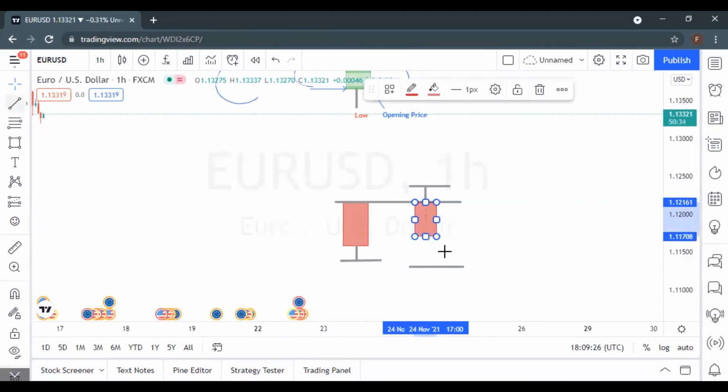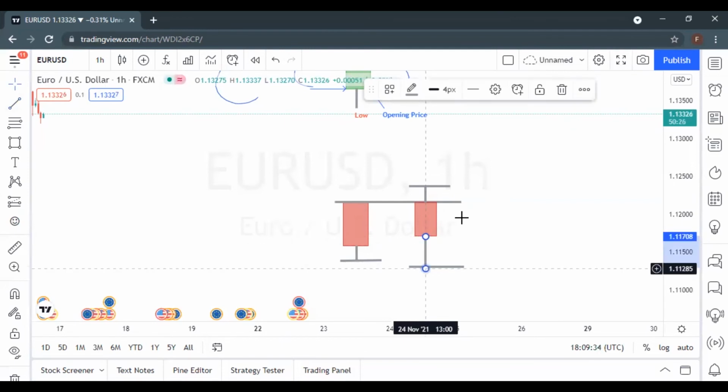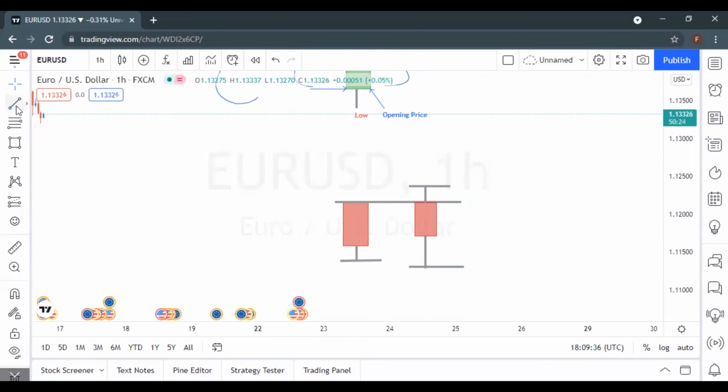We're going to see another shadow being formed. So this is going to be a wick, or a shadow rather.